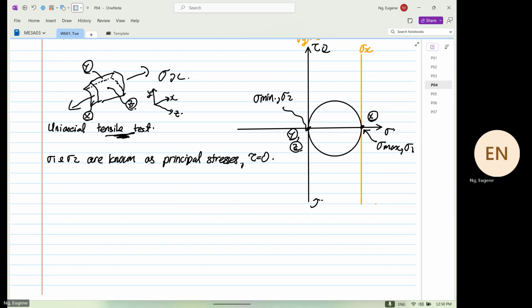Mechanical testing. Okay. Now, have you ever wondered why the maximum shear stress criterion is stress max divided by 2? I repeat again, have you ever wondered why the maximum shear stress equals stress max divided by 2? This is all to do with what? Mohr circle.